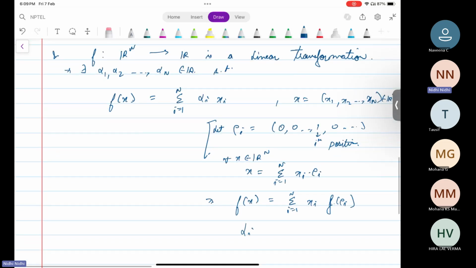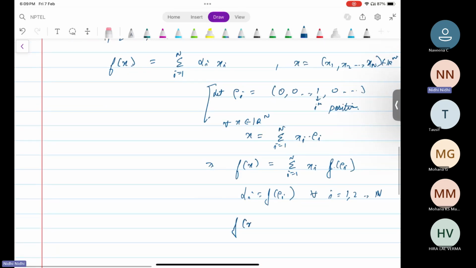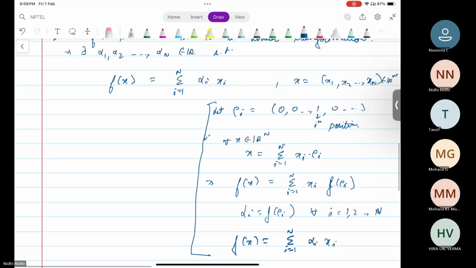If I take alpha i to be f(ei) for every i from 1 to n, then we get fx is equal to summation i from 1 to n alpha i xi. So this is how we are able to write this function in a linear combination form. Okay.